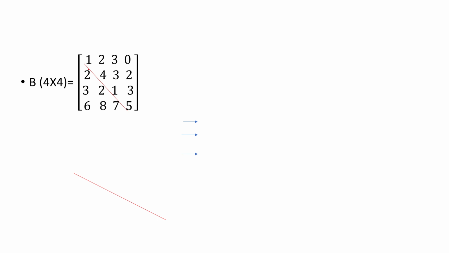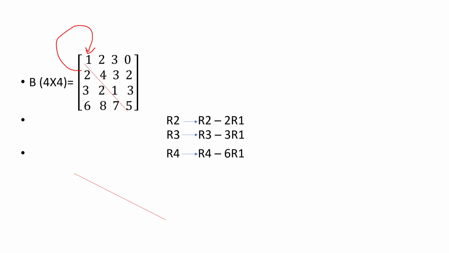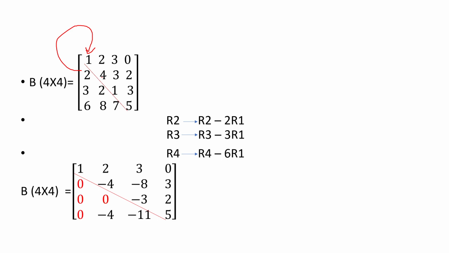Here I need to make 2, 3, 6 as zeros using the base element of column 1, that is element 1. Using the 1, I will make these three as zeros, that is R2 goes to R2 minus 2R1, R3 goes to R3 minus 3R1, R4 goes to R4 minus 6R1. The matrix becomes in this manner.